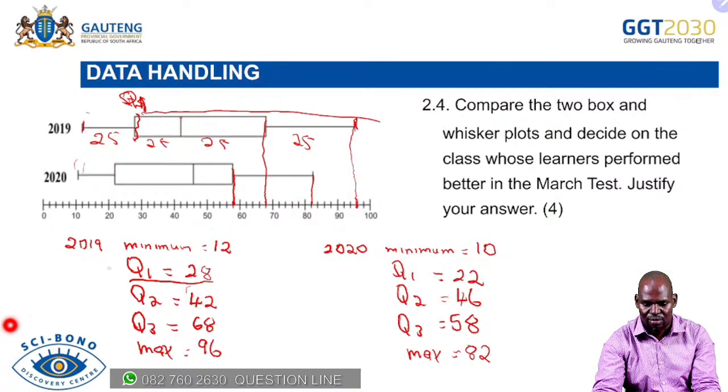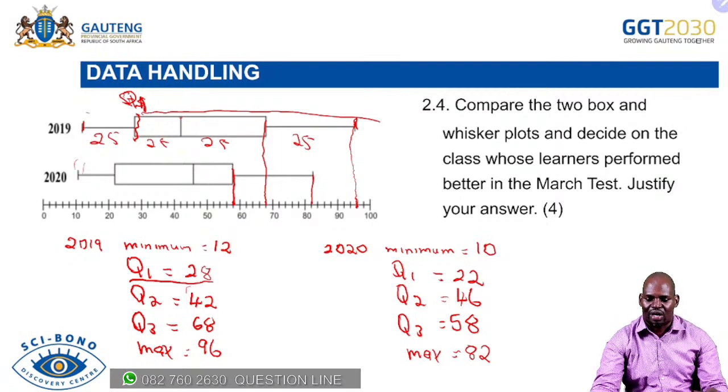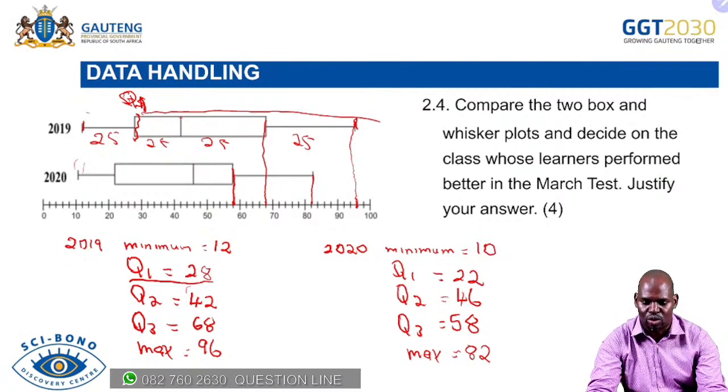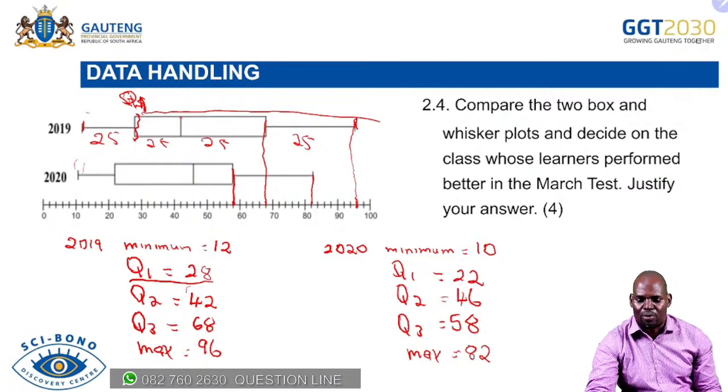Okay, then the next one. This one was taken from Mpumalanga Province Prelim 2021 Paper 1 Question 3. The box and whisker plots alongside summarize the hourly wages in American dollars of employees at two different fitness clubs.